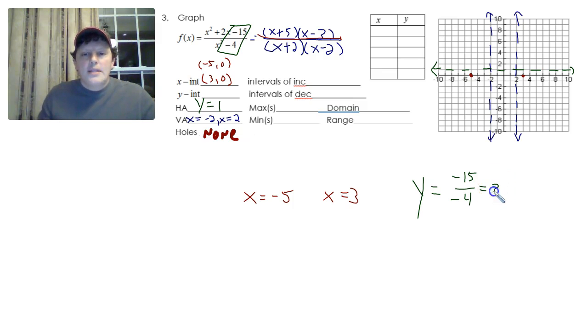It goes 3 times with a remainder of 3. So 3 and 3/4. So up 1, 2, 3, and then 3/4 of the way between 3 and 4, about right there. We're going to see that function dip down in here, I'm sure, and cross right there at 0, comma 3 and 3/4. So I hope by now you're saying, oh wow, this is super easy.